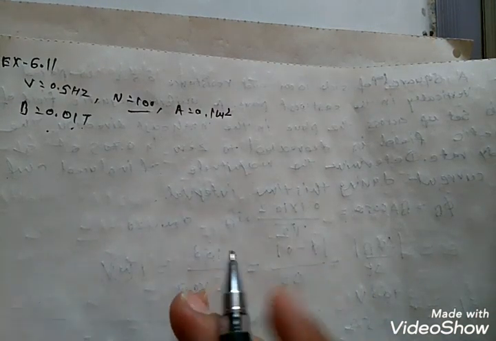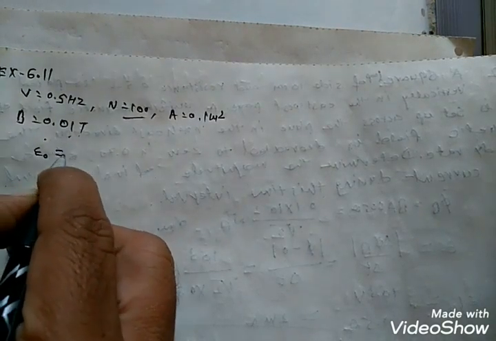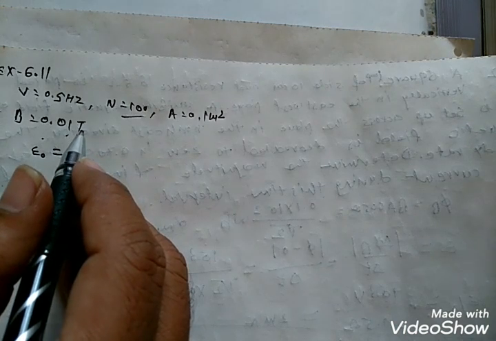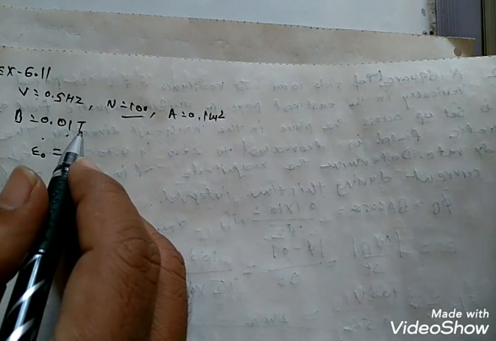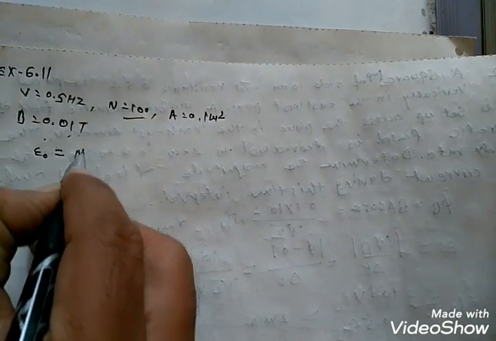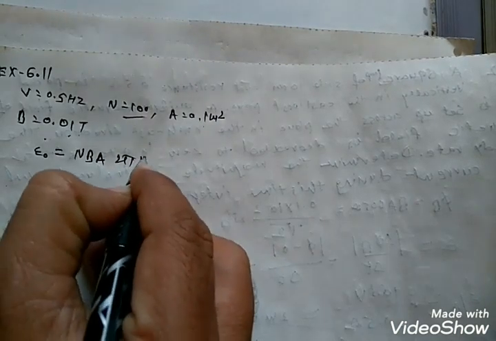Here we use equation 6.21: E0 is equal to NBA 2 pi nu.